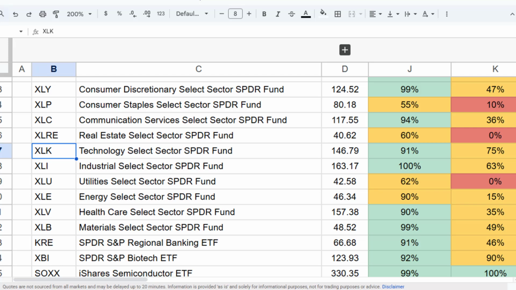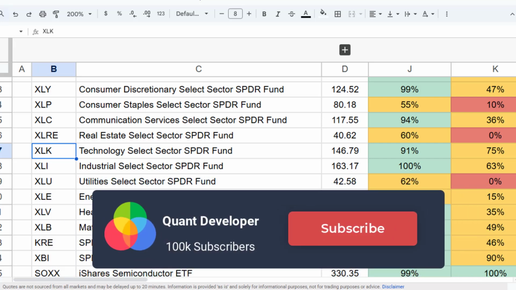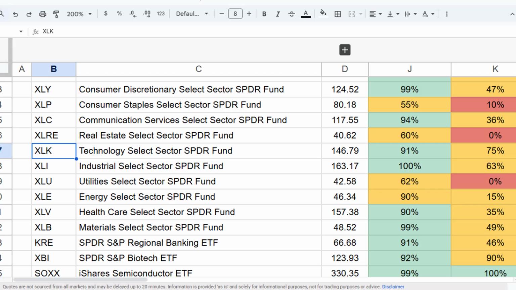Let's get started on the SPDR Sector ETFs. The market is not one thing. It has many sectors. SPDR gives us one ETF per sector. It's an ETF published by State Street and consists of about 10 ETFs, each one representing a sector.